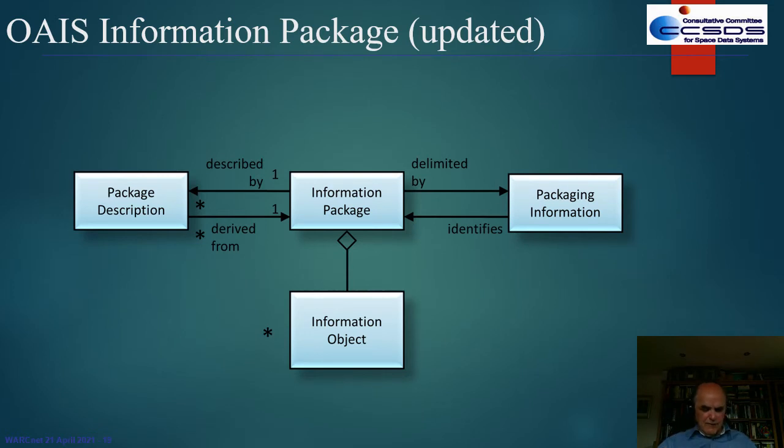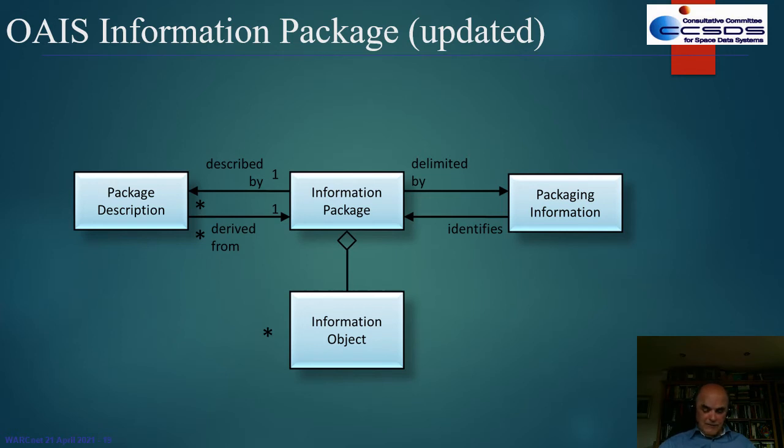Another useful concept introduced by OAIS is that of information packaging. This diagram is a little different from that in the current version of OAIS. Instead, this shows the more general diagram, which is in the updated version of OAIS undergoing review right now. The point is that one needs to package things together.